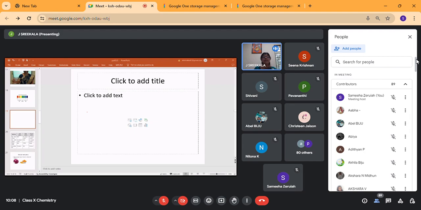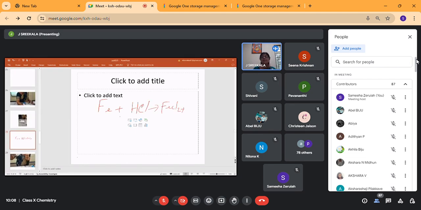Can you see what I am writing? No, ma'am. So better not to waste the time. We'll go to next. Can you see now? Yes, ma'am. Okay. So we'll go to next activity.